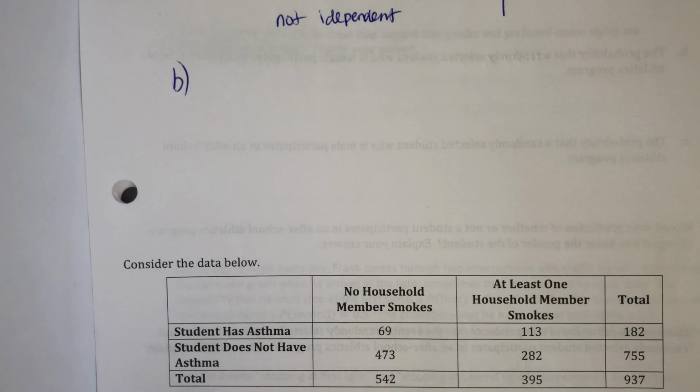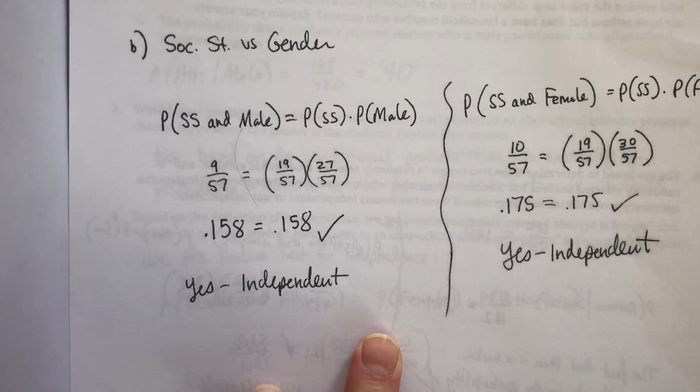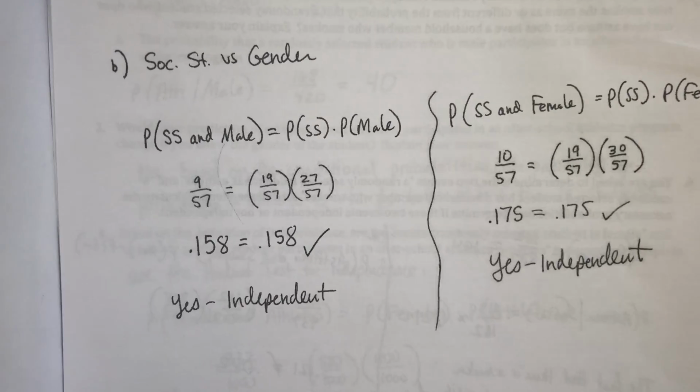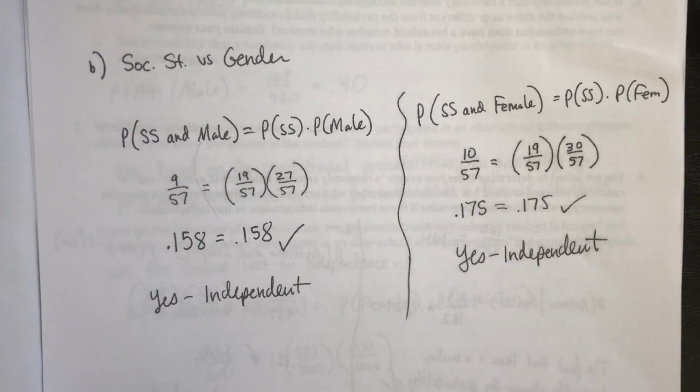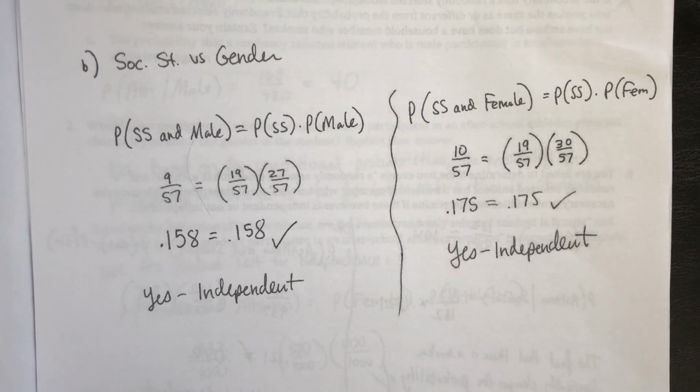See if you can figure it out, and then when you're done, come back. So now that you're back, here is my answer key, showing all of the numbers, and it proves that they're independent.